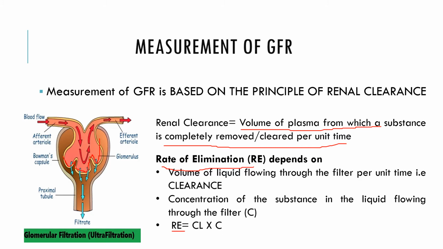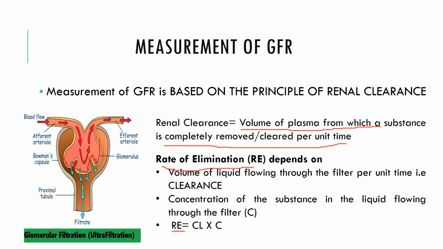So in the previous picture we saw a filter and a fluid containing solute passing through it. If we apply this theory to our kidney, this filter is nothing but our glomerular filtration barrier, and the fluid that is passing through it is nothing but the plasma.